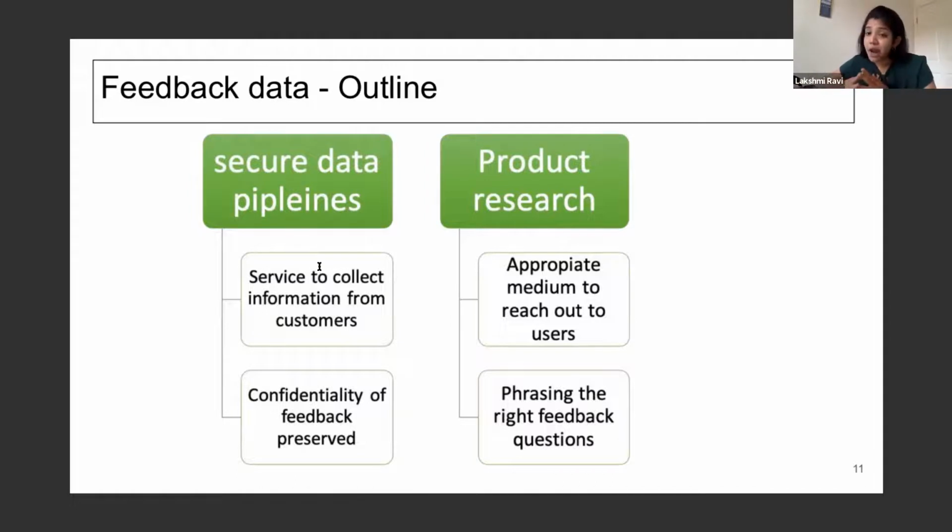The next thing is product research. We have to research and identify the appropriate medium to reach out to customers, the right way to phrase the question, and how to make most customers answer our feedback questions. So these are the common problems in feedback data.